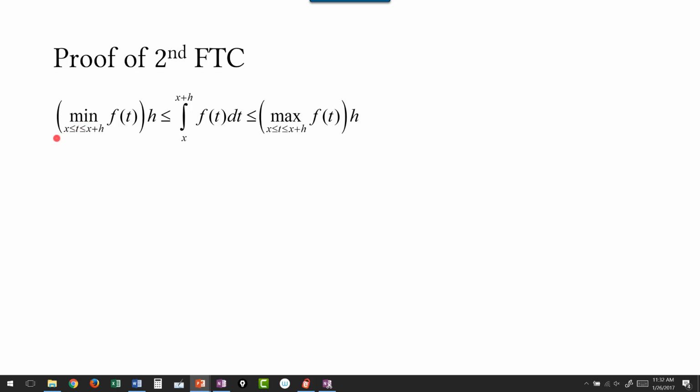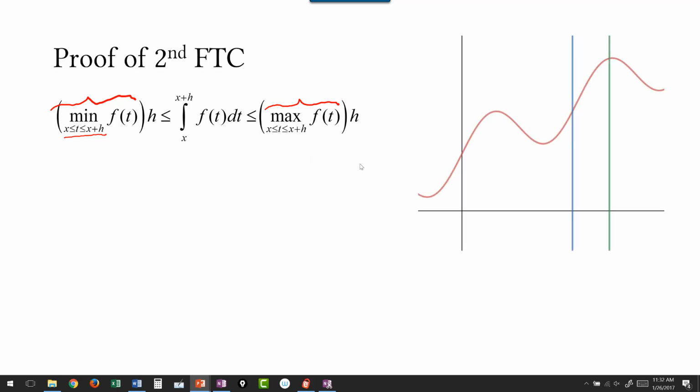So over here, this notation min takes the smallest value for f of t for all t that are between x and x plus h. So we do that on the left, and on the right, this notation max of f of t takes the largest value for f of t on the interval from x to x plus h.